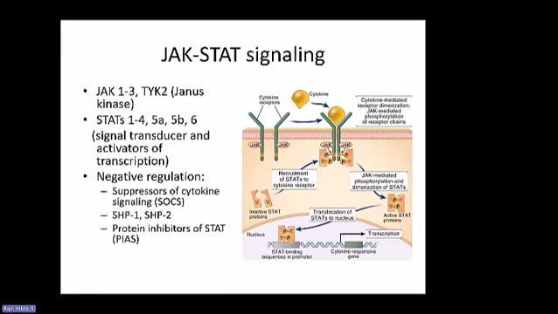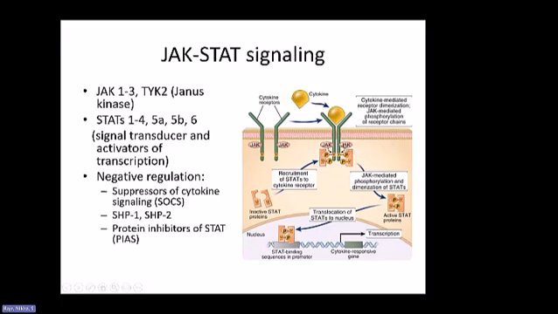So when the cytokine binds to these receptors, at their cytoplasmic tail they have Janus kinase, or JAK. There are 4 different types of JAK: JAK1, JAK2, JAK3, and the 4th one is called TYK2. Go figure. I don't know how they are named, but those are the 4 JAKs.